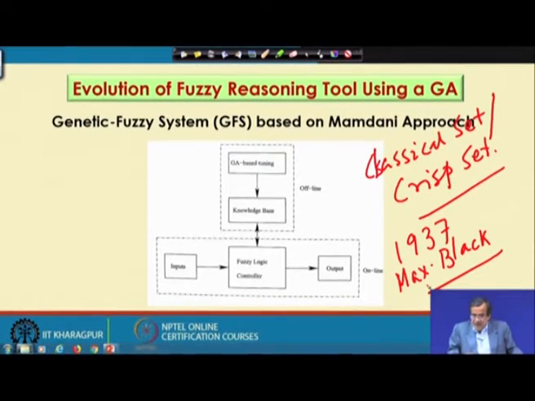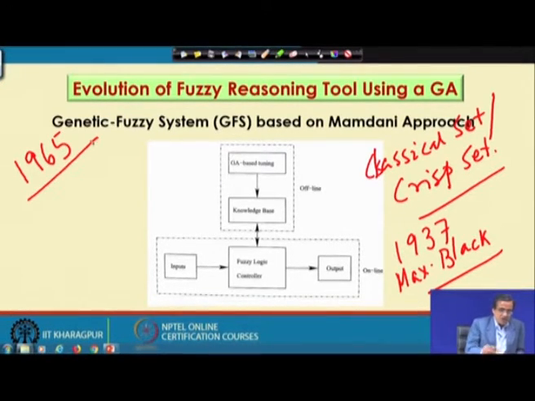Max Black stopped, then after a few years, around 1965, Professor Zadeh from the University of California, USA, reintroduced the concept of fuzzy sets.